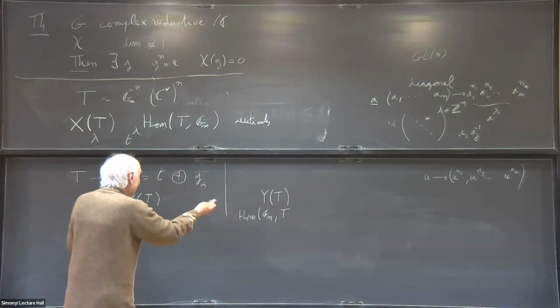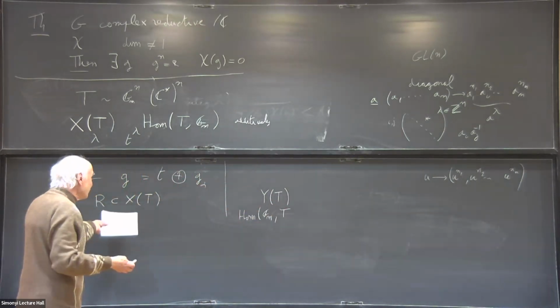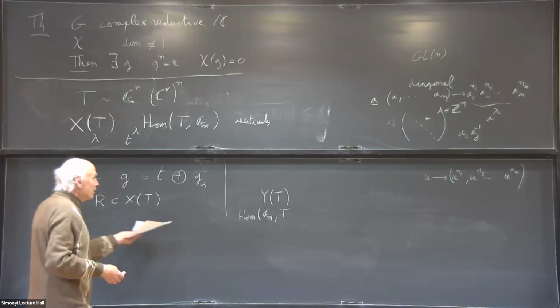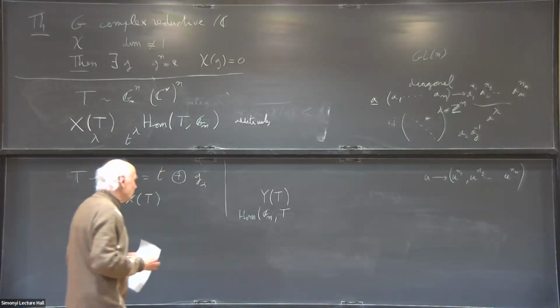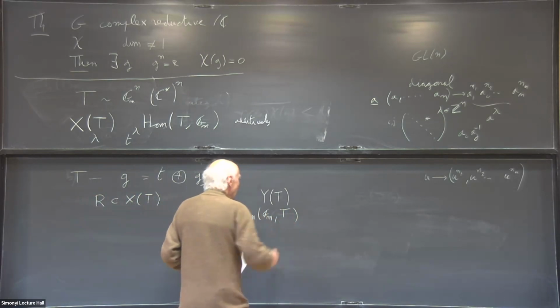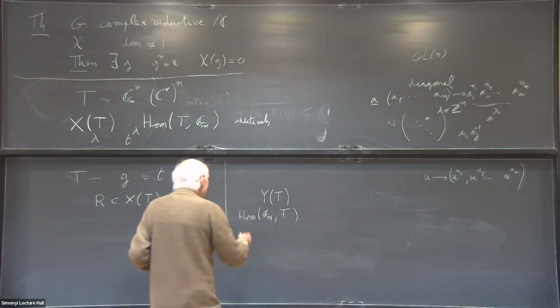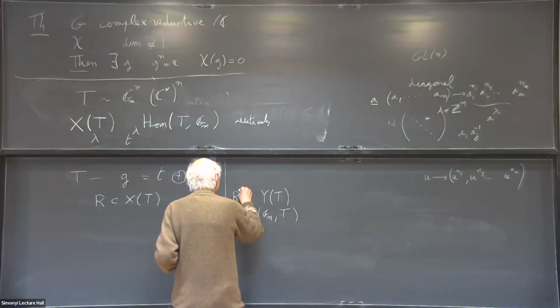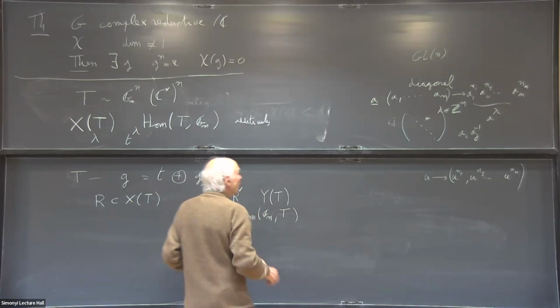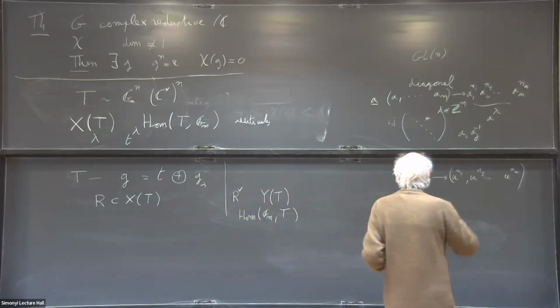Here, it's again, of course, the same dimension. It's a Z^n, and that's the dual Z^n. And in it, we have the coroots, which are the following thing.